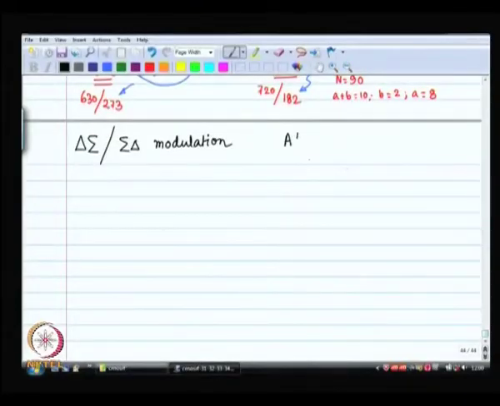Now, we are going to go back, we are lifting material from possibly a different course, analog to digital conversion. And we are going to take a brief look at what a sigma delta modulator does, very brief look.